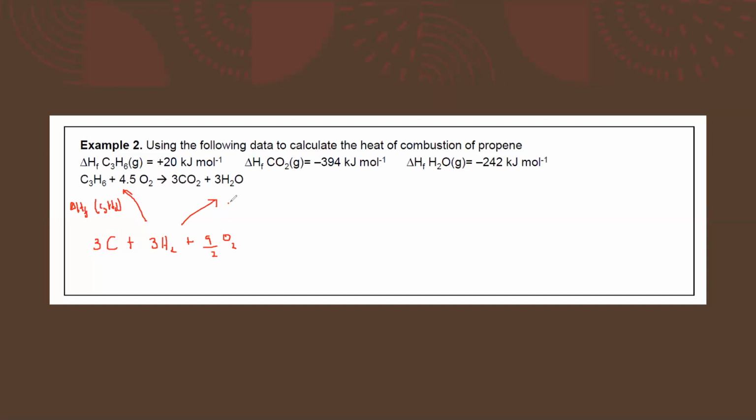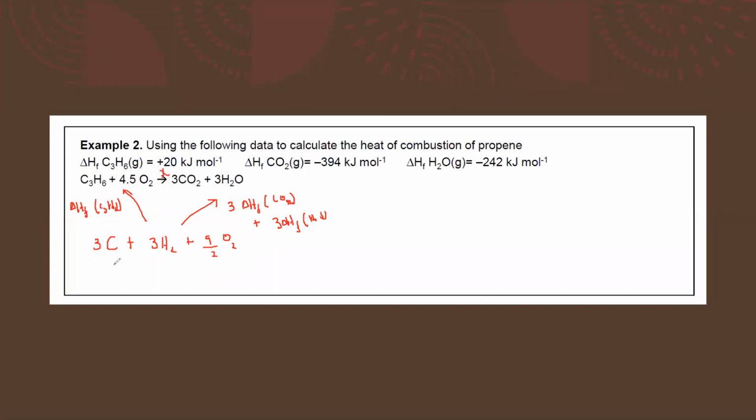So this is the formation of carbon dioxide. And how many molecules? 3 molecules are there, so multiplied by 3. Plus water is also formed, so 3 molecules of water are formed, so 3 times the standard enthalpy change of formation of water. And this is the unknown X.